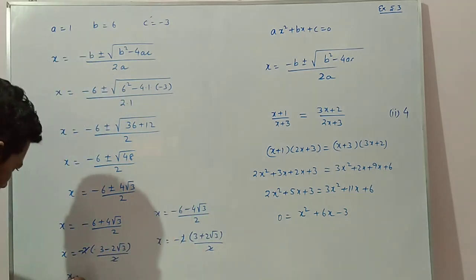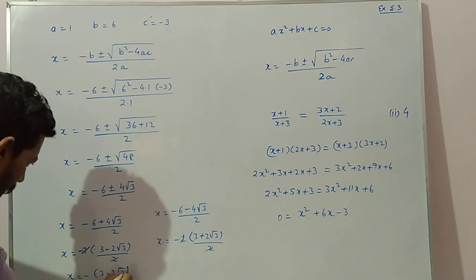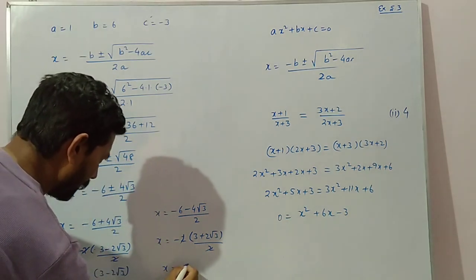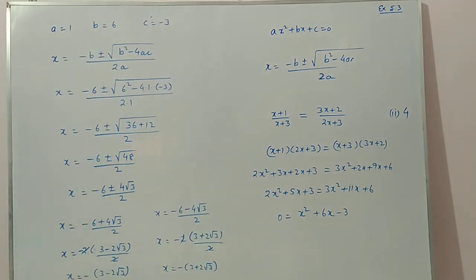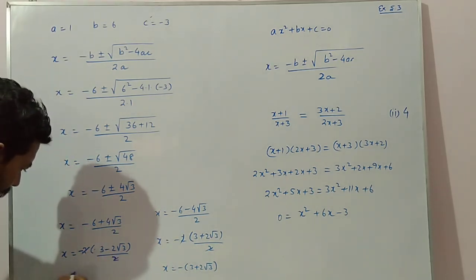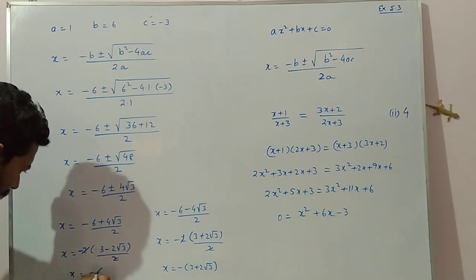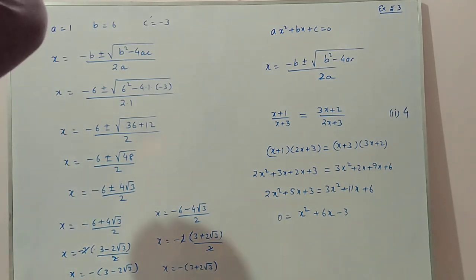So this is x equal to minus 3 minus 2 root 3, and here x equal to minus 3 plus 2 root 3. This is our required answer. So simply we are using the formula.